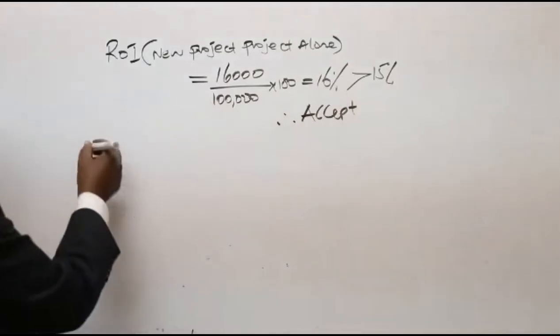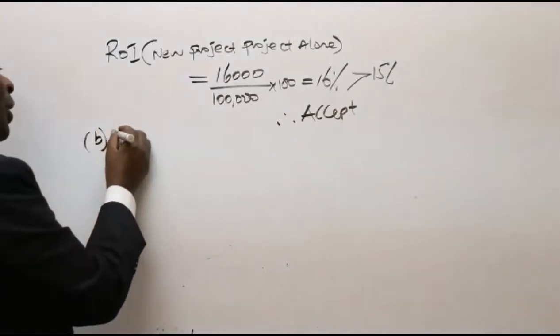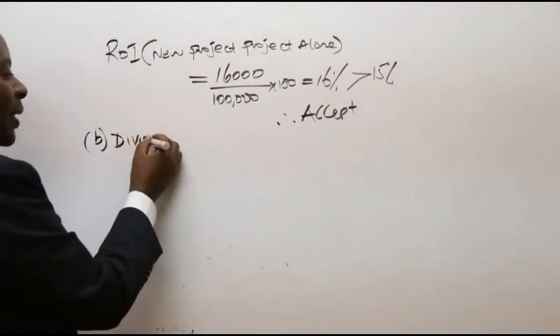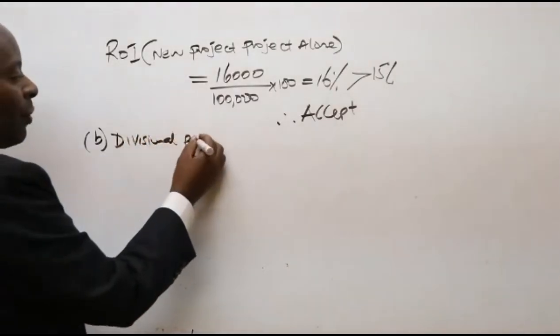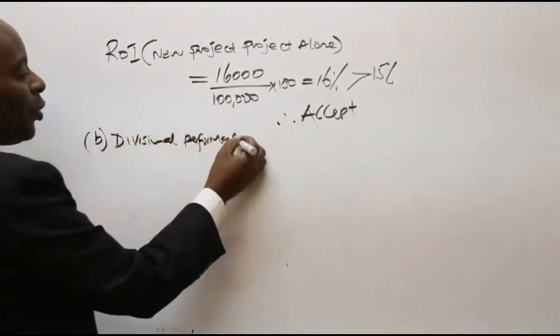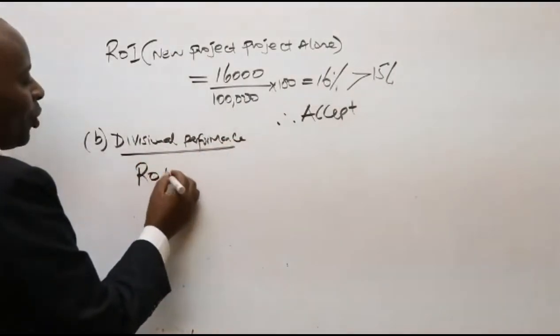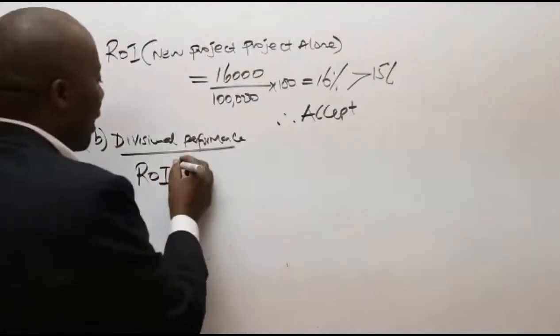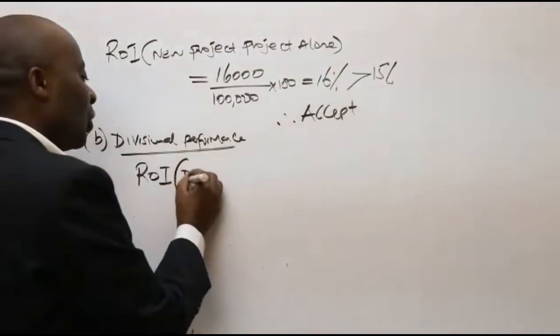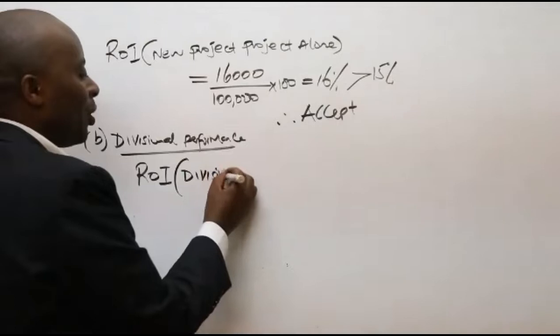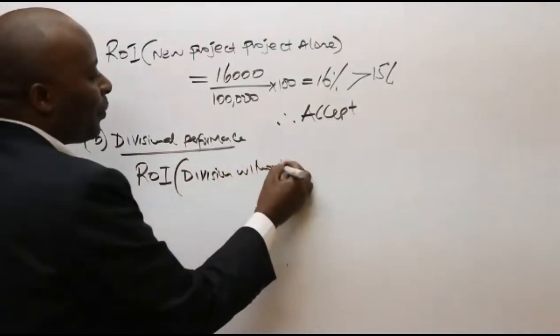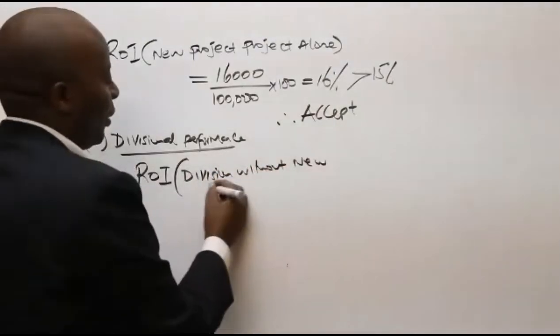Now from there we go to part B. In part B they want the divisional performance, with and without. So for the divisional performance, they give me the ROI of the division without the new investment.